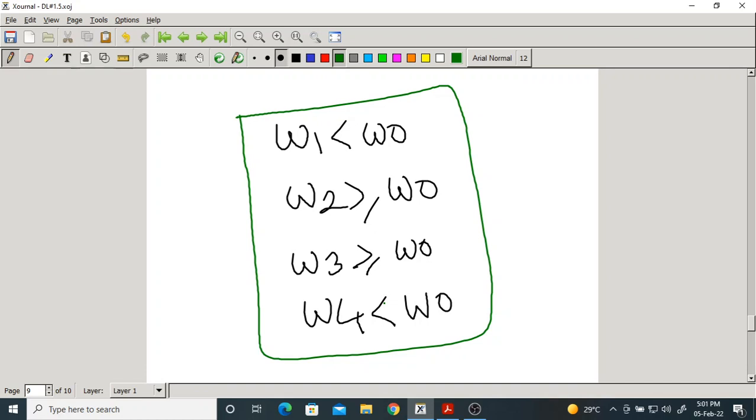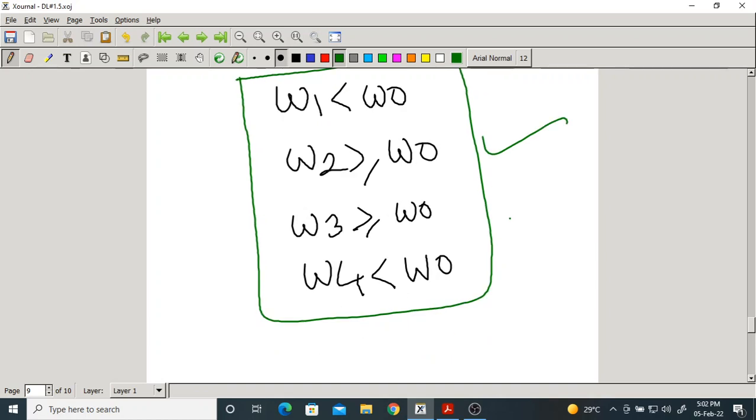Choose the weights properly. W1 is less than W0. W2 is more than or equal to W0. W3 also more than or equal to W0. W4 is less than W0. Adjust these weights properly so that these inequalities are satisfied. There is no contradiction, so we can get a solution for these inequalities. So this means we can implement the XOR Boolean function using a network of perceptrons.